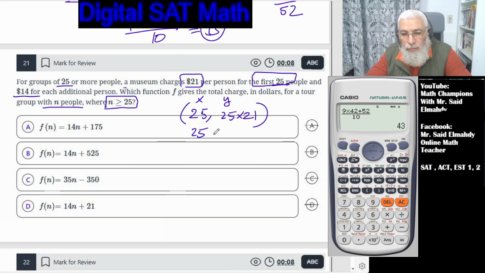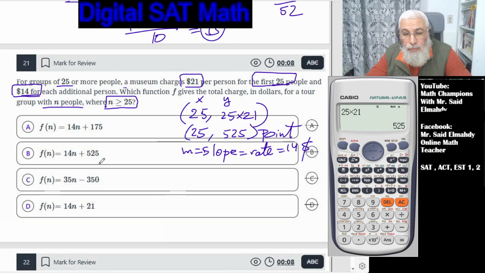So x is 25 people, and the cost is 25 multiplied by 21, which is equal to 525. This is a point. And after this, the slope, the rate, will be 14. So the slope or rate is $14 per person.